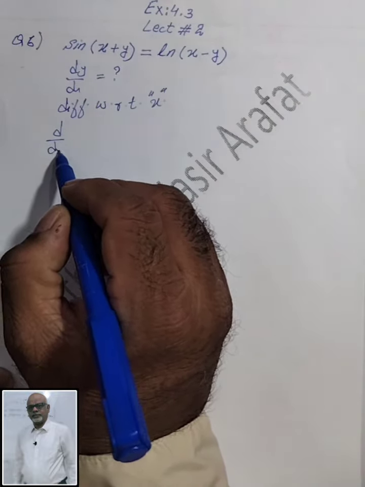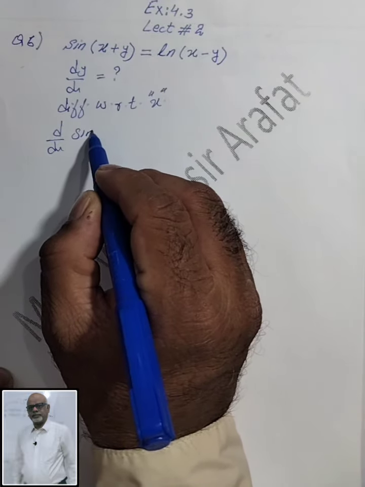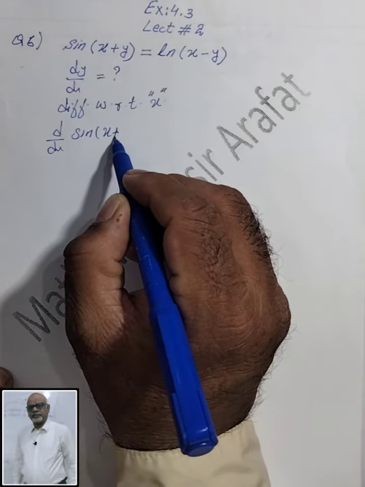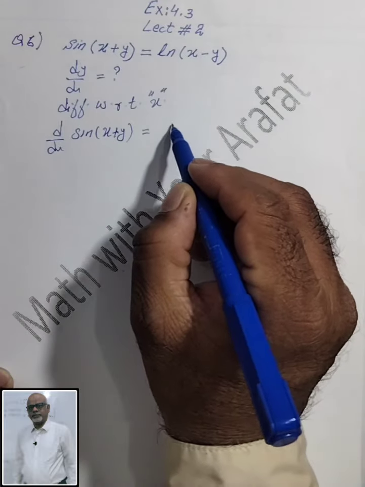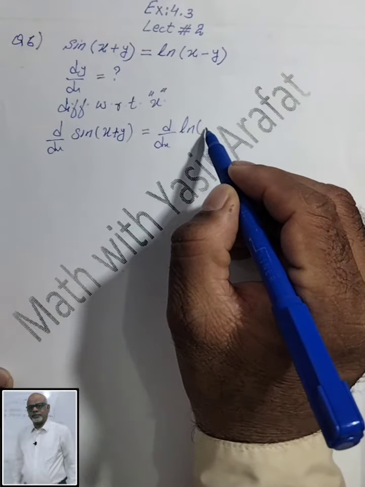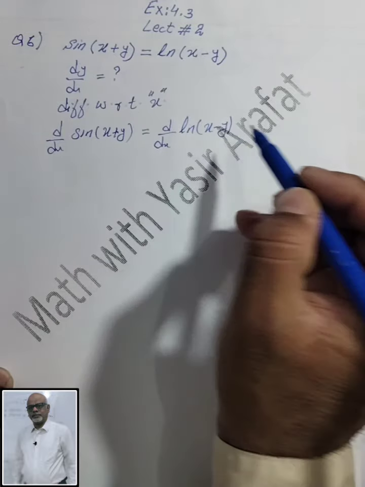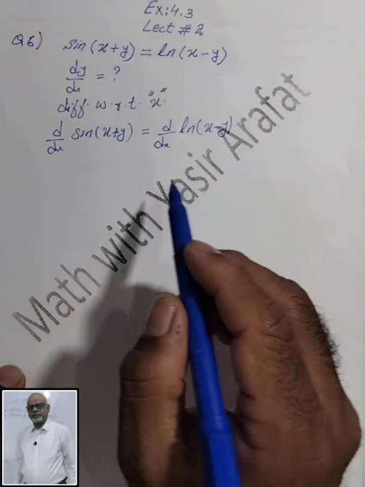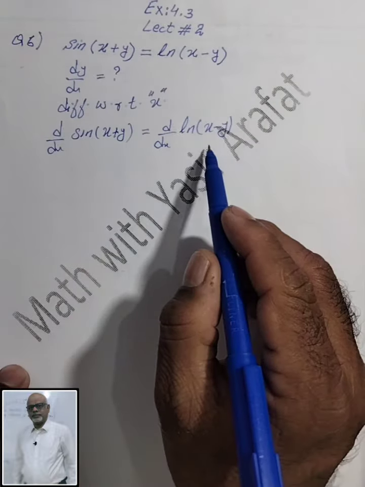Apply the operator d upon dx of sine of x plus y, it is equal to d over dx of ln of x minus y. We just have to apply the operator on both sides.